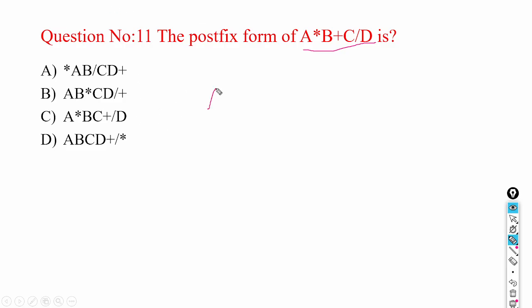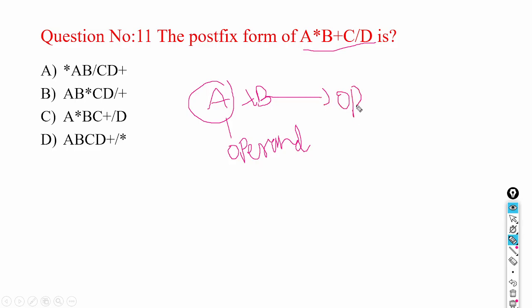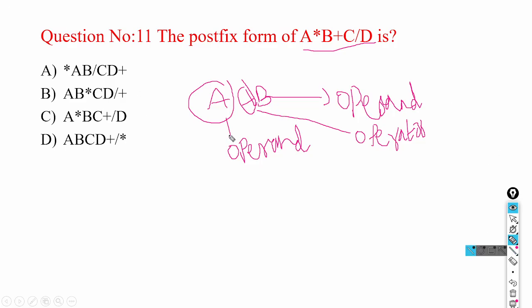For example, A plus B. Here A is an operand and B is also an operand, and this plus is called an operator.